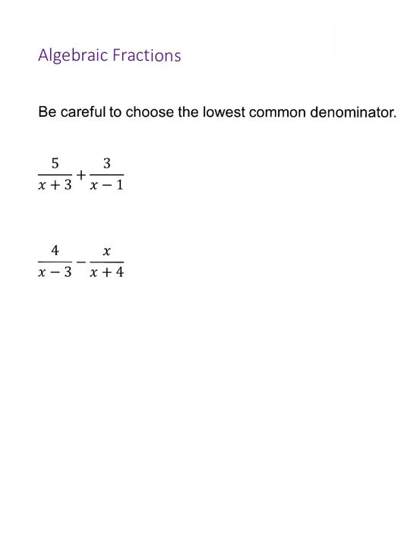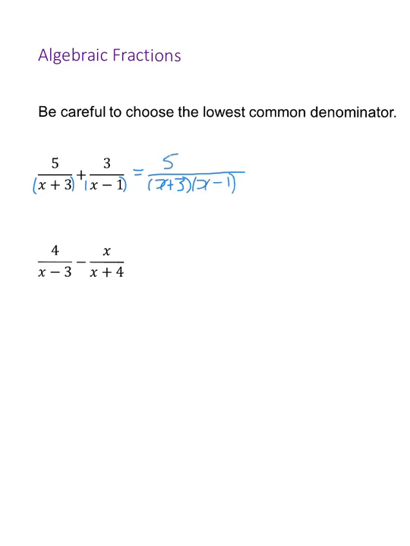So looking at this first one here, we want the lowest common denominator. Don't be put off by there being two fractions. I like to put brackets around, it just makes things easier. So I need both fractions to have an x plus 3 and an x minus 1 in the denominator.